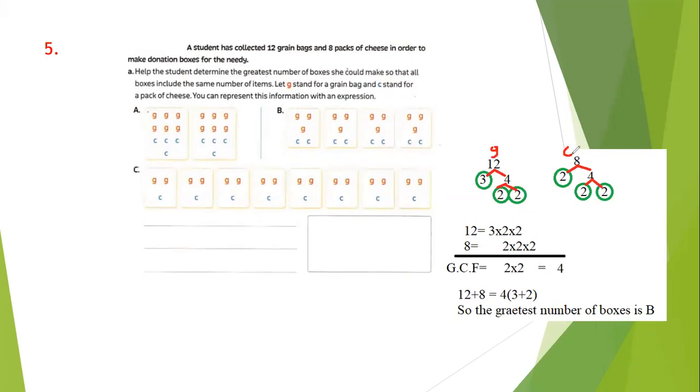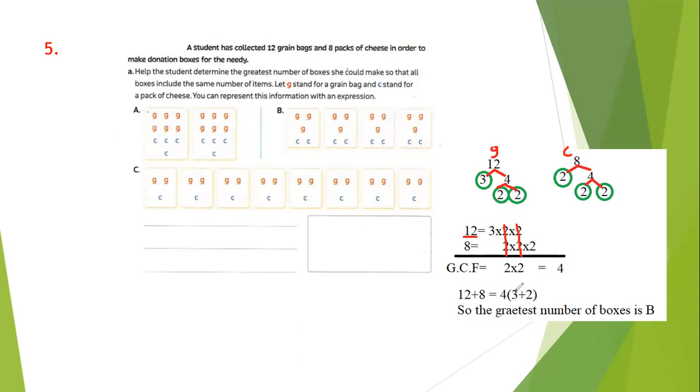Okay, let's get the prime factors of 12: 3 times 4, and 4 is 2 times 2. Prime factors of 8: 2 times 4, and 4 is 2 times 2. So the prime factors of 12 are 3 times 2 times 2. Prime factors of 8 are 2 times 2 times 2. The GCF is 4.